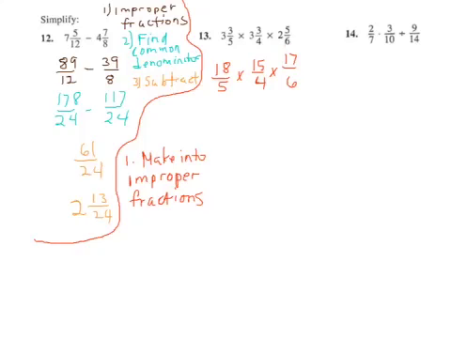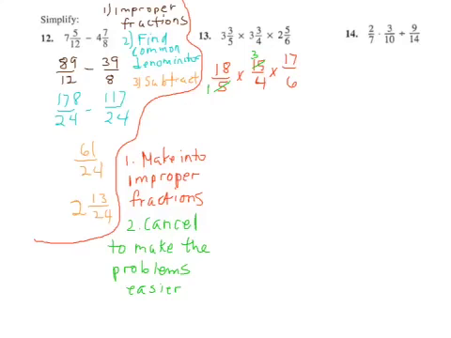Now the next step will be to do as much canceling as possible, because when you're multiplying fractions, you cancel to make the problems easier. So right away I see 5 goes into 5 once, but 15 3 times. And I want to take this 6 and go 6 goes into 6 once, and 6 goes into 18 3 times.